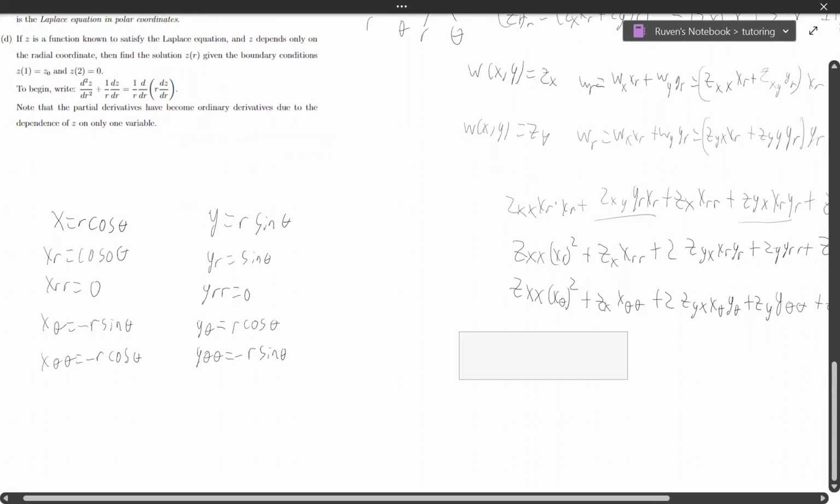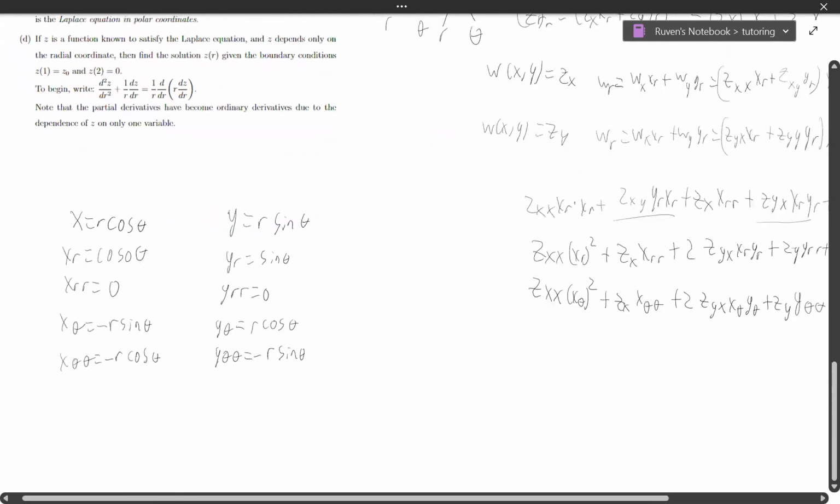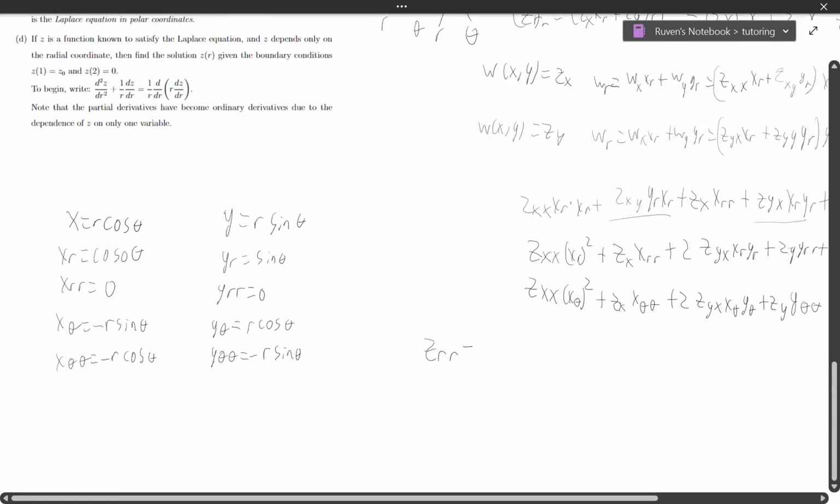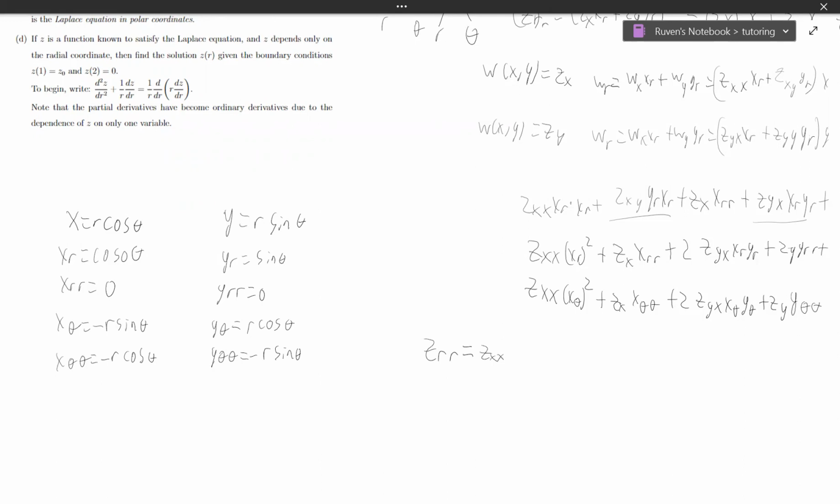So zrr is equal to zxx times xr squared. xr squared is right over here, so that's just cosine squared theta.